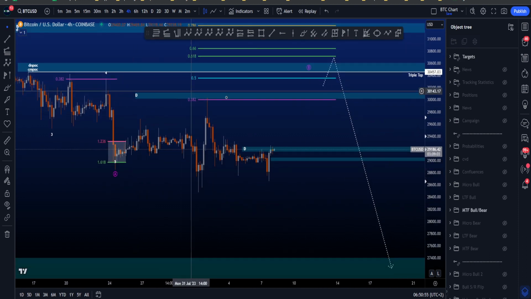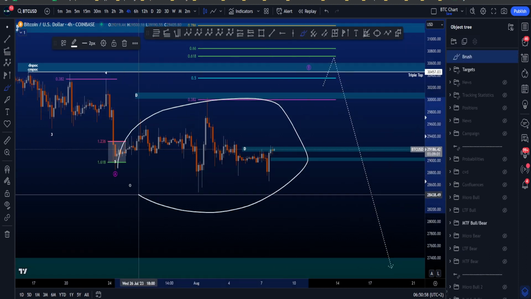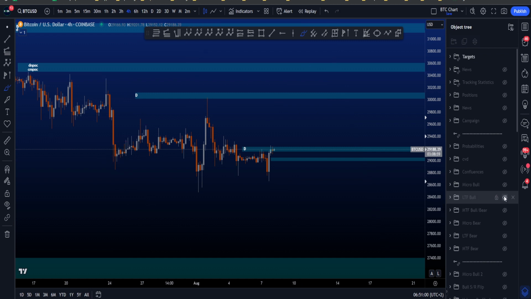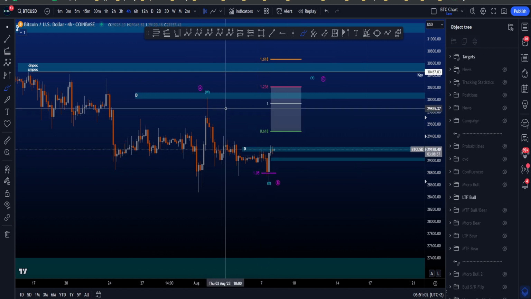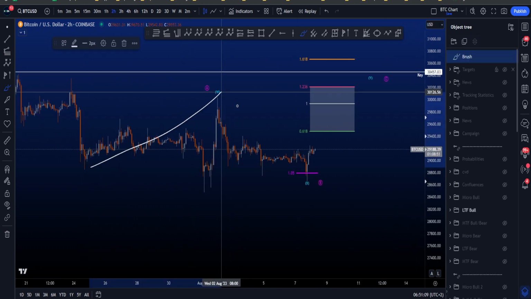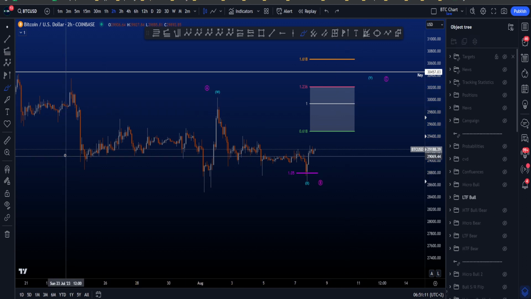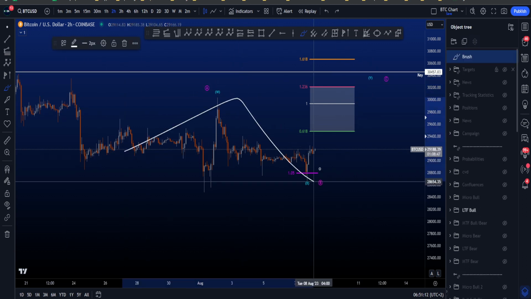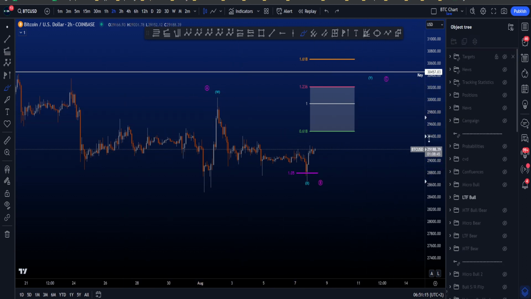Now if we zoom in to this structure over here for a potential wave B, meaning a 3 wave structure, we have to be looking for either an ABC or a WXY. An ABC is a 3-3-5 wave move, and a WXY is a 3-3 and then again a 3 wave structure to the upside.